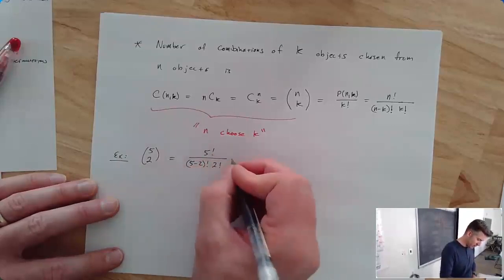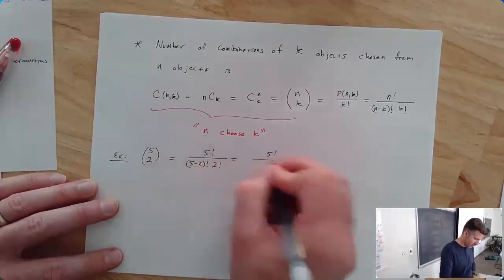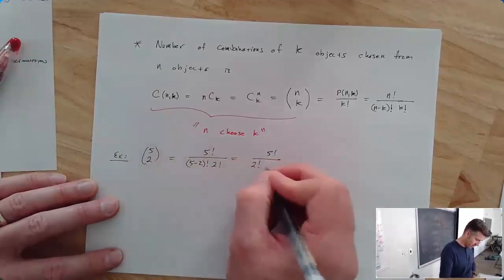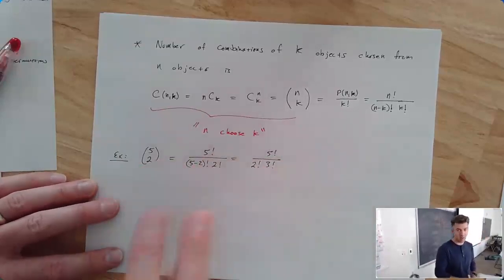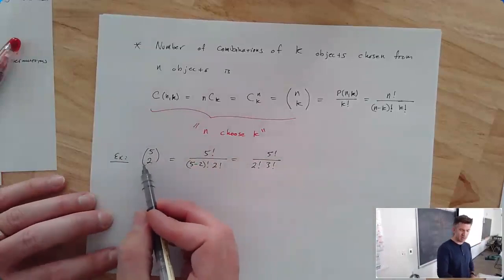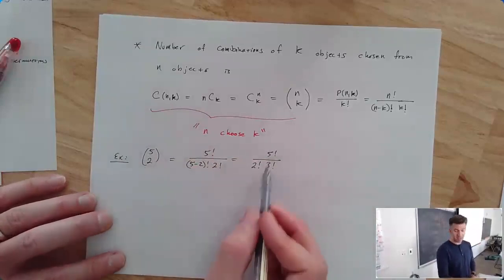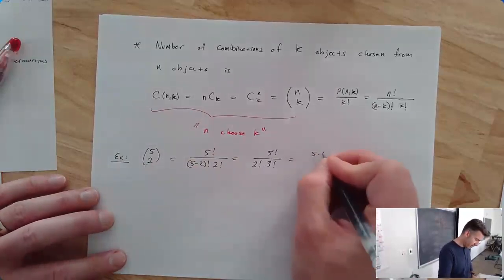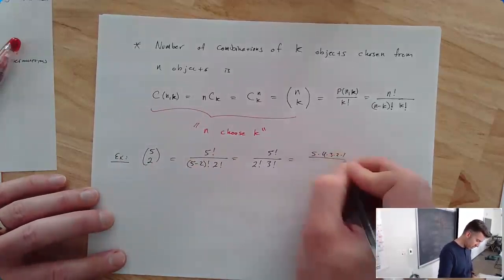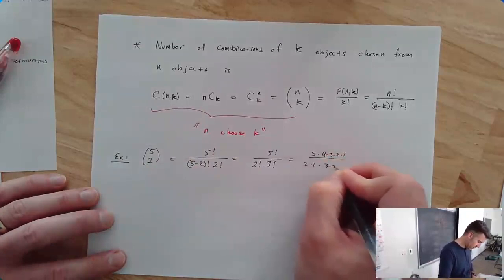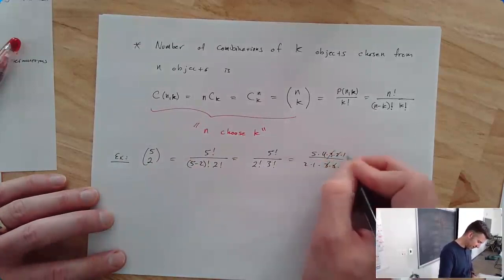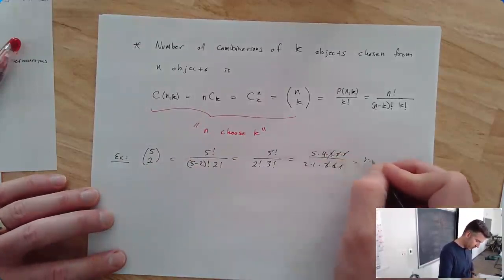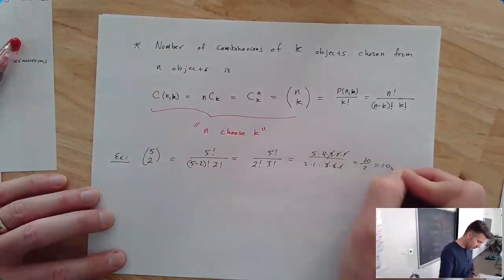But really, I would jump straight to saying, oh, it's 5 factorial over 2 factorial times 3 factorial. I know I switched the order there, but that's usually because I look at that first and I do that factorial and then whatever the difference between 5 and 2 factorial is. And that's going to be 5 times 4 times 3 times 2 times 1 over 2 times 1 times 3 times 2 times 1. Cancel, cancel, cancel, cancel, cancel, cancel. And you get 20 over 2, which is 10.